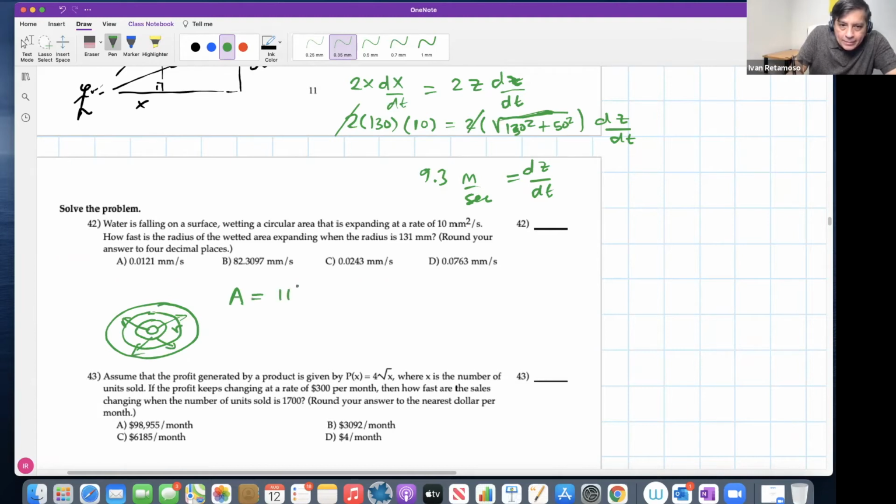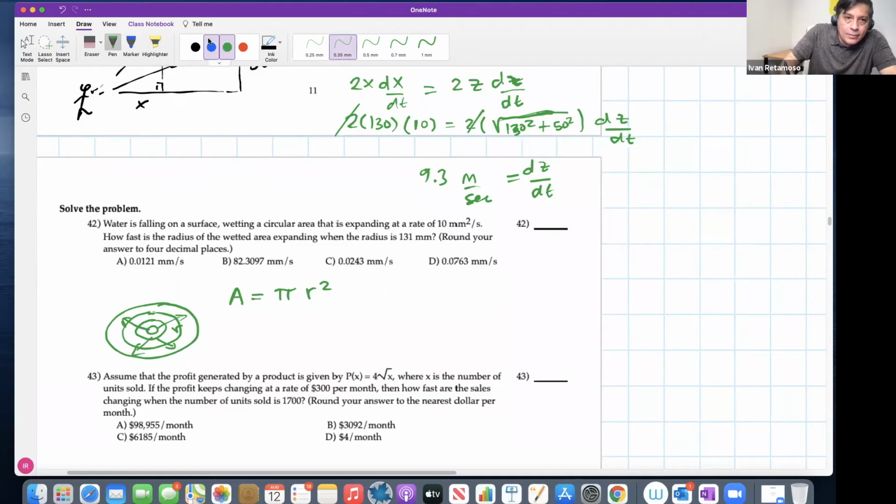The area of a circle in terms of the radius is given by this formula. If you don't remember, write this down: area equals pi r squared, a very well known formula. Now they ask how fast is the radius of the wetted area expanding when the radius is 131 millimeters? Round your answer to 4 decimal places.